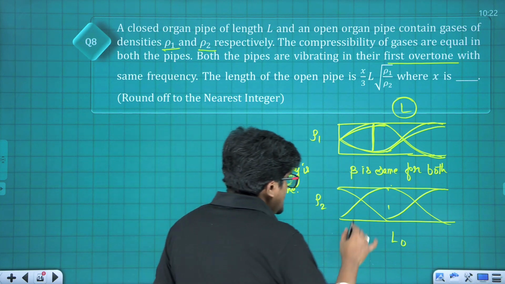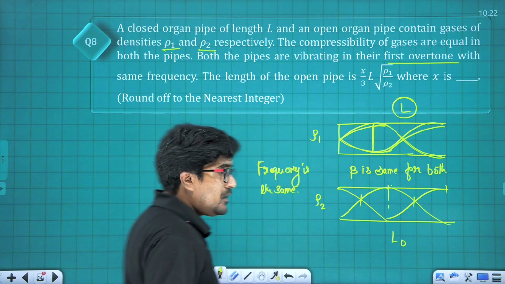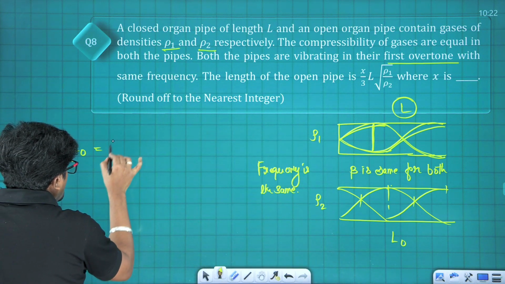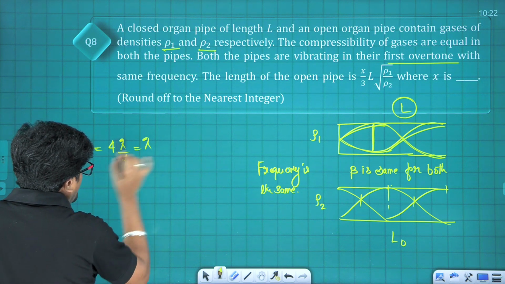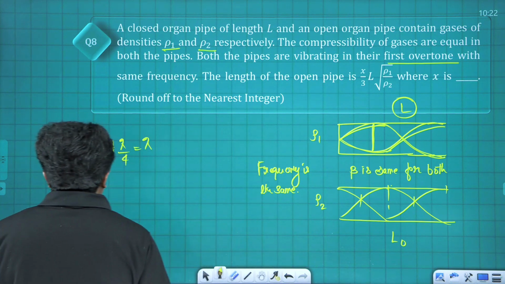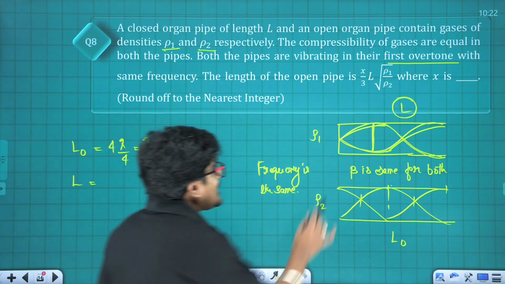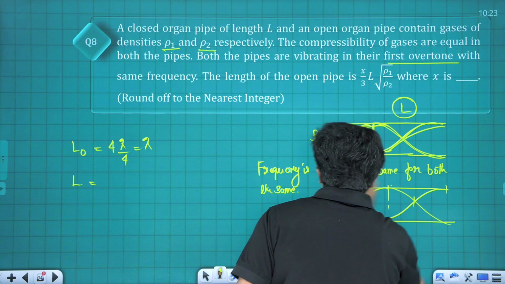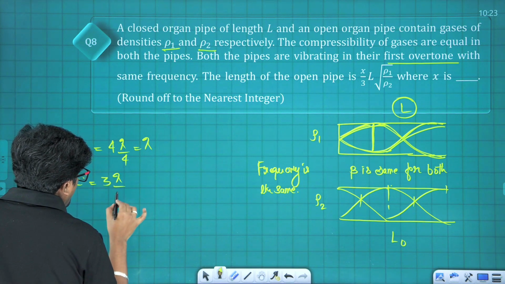Here this is 1, 2, 3, 4. So LO, the length of the open pipe, is 4 times lambda by 4, that is lambda. And for the closed pipe, I am going to mark the length as L here, that is 1, 2, 3. So that is 3 times lambda by 4.